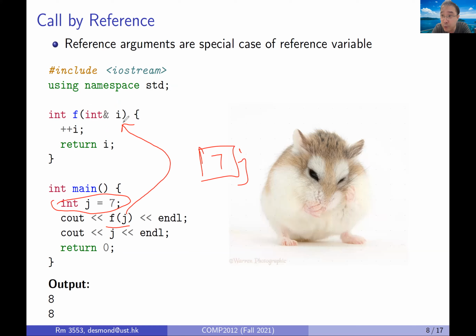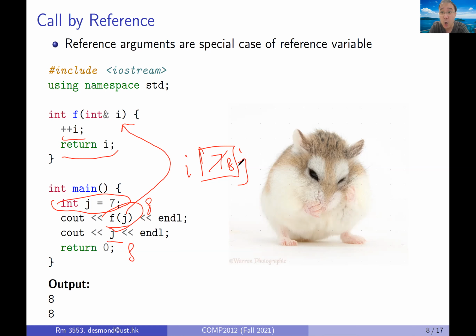You only put the nickname I for j. You get one more name. Then I plus plus means I add 1 to this guy, 8. Return I means return the value 8 back here. So that's why you output 8 here. Then cout j, you also output 8.